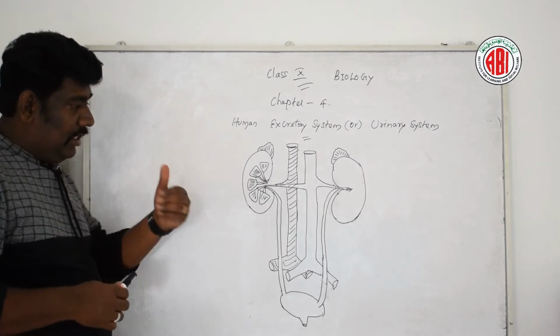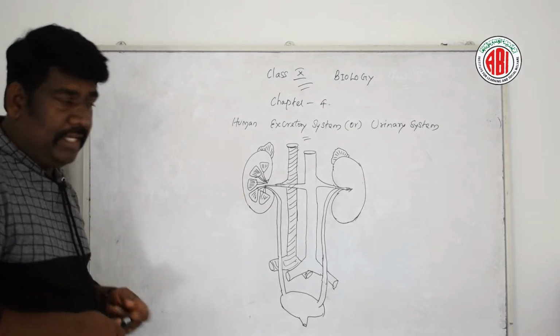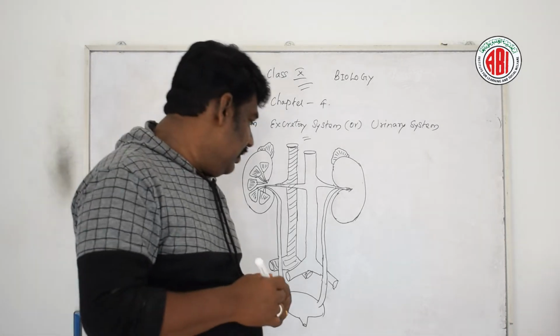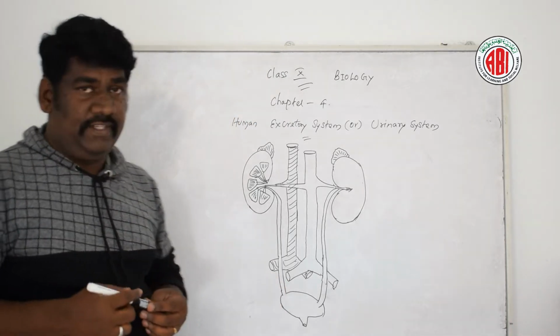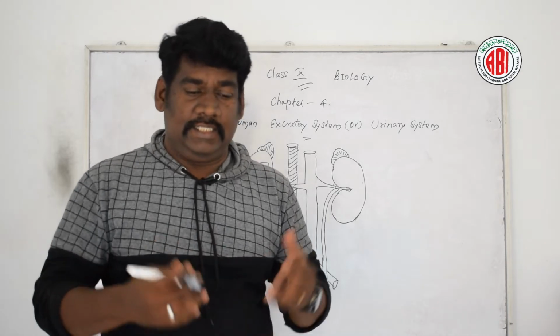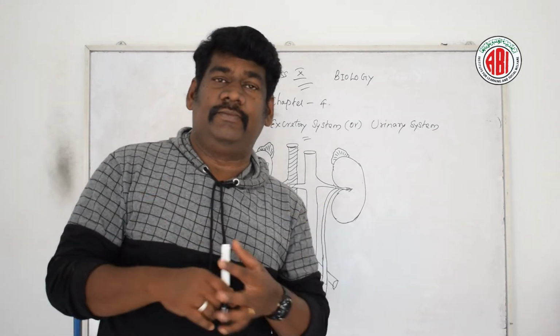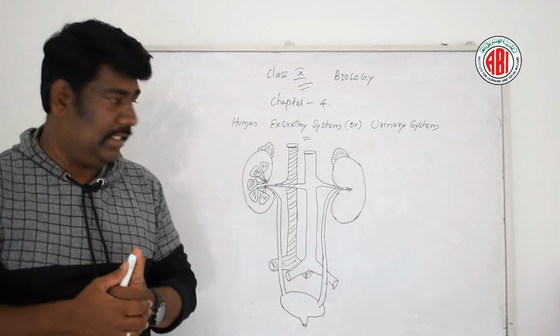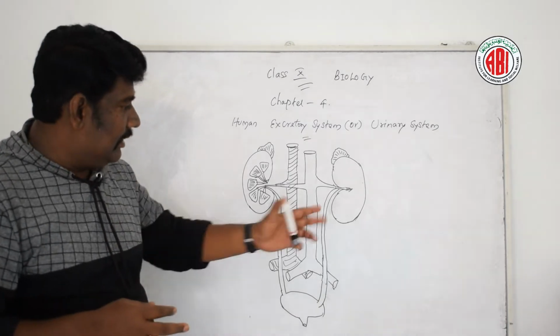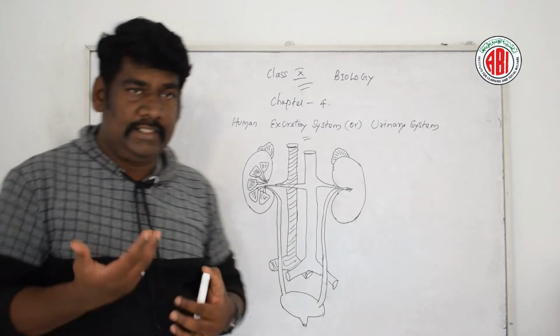Let us see what labelings we are going to mention here. First, the easiest labelings, very easy to remember, let us write one by one. After that, we go for the difficult labelings.